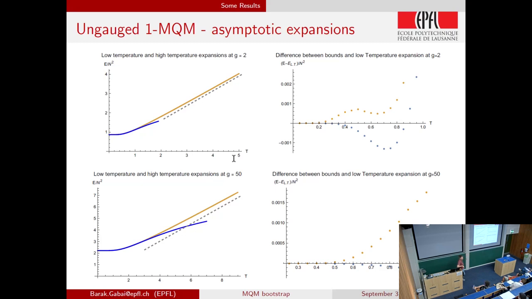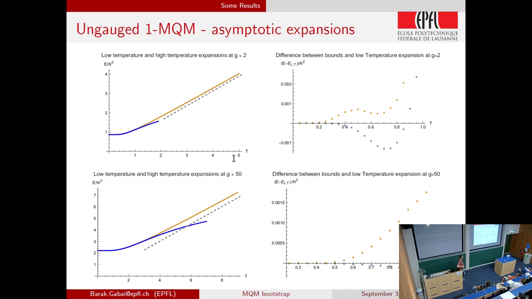So why is the bootstrap more converged in the small temperature regime than in the large temperature regime? Because it seems like there's kind of a discrepancy at large temperature, especially in the plot in the bottom left corner. So sorry, these two plots, also in this plot you mean? Yeah. Okay, the reason is that we cannot push the bootstrap to higher temperatures. So you think that at sufficiently high temperature they would converge?